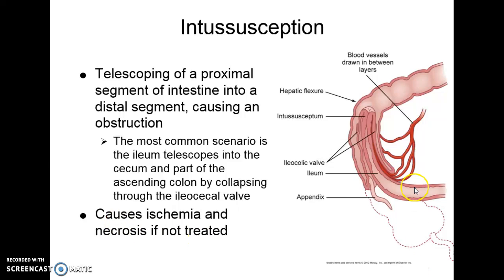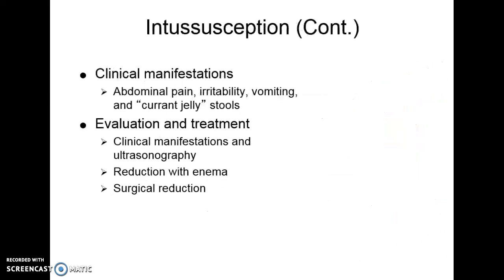It causes ischemia to this portion of the intestinal tract, and then that ischemia can lead to necrosis, and then that necrosis takes over. Material will eventually move out of the bowel into the peritoneal cavity, and that will lead to sepsis and death.